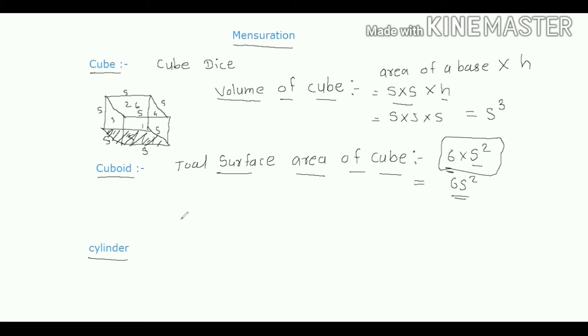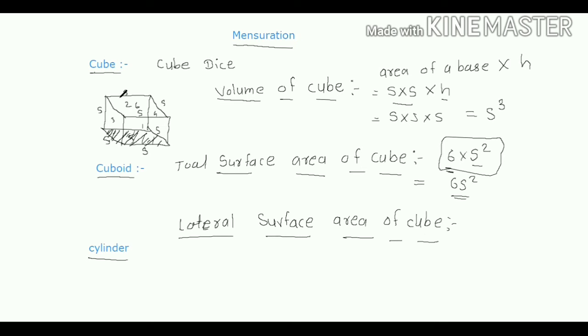Now if you have to find the lateral surface area of a cube, what is it? Lateral means that in this figure, two surfaces are removed: the base and the upper part.